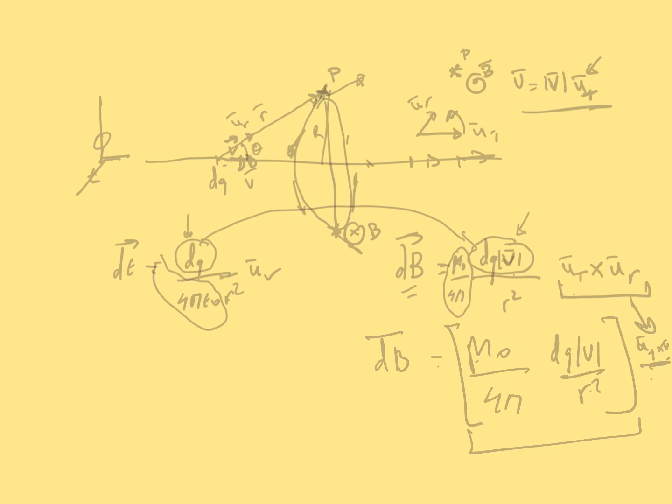So you have to imagine what direction dB will take at any point. At any point dB will change, because if you are here, now u sub r has changed. U sub r is like this, and u sub t has not changed in this case. But u sub r has changed, so you have to calculate u sub t cross u sub r.